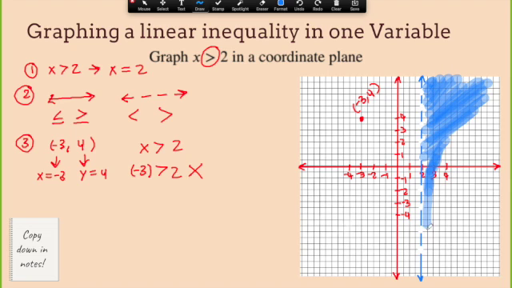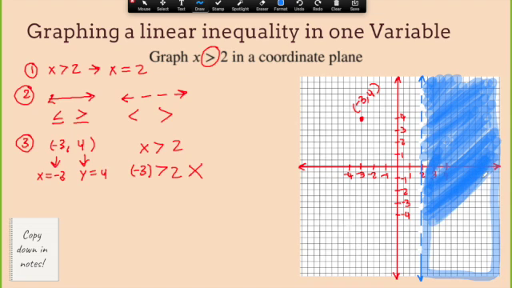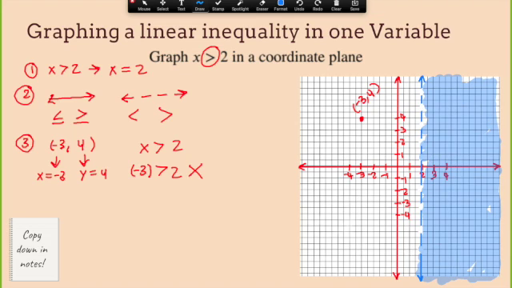And so I'm just going to shade in this area right here, because all of these points are greater than +2 by looking at the x value. Okay. And so that would be the end of my graph.